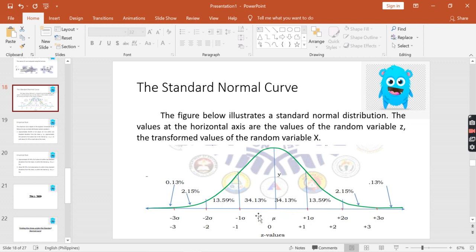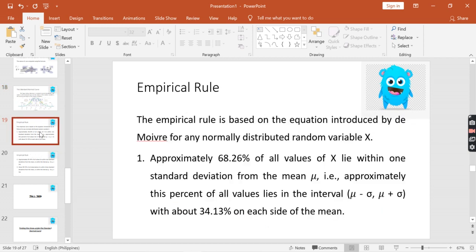That's why, sabi niya, 1 unit from the mean, that's negative 1, and 1 unit from the mean to the right, that's positive 1. A total approximation is 68.26. Kaya pag inadd mo yung dalawa, 34 and 34, the answer is 68. Okay? That's the explanation of that.